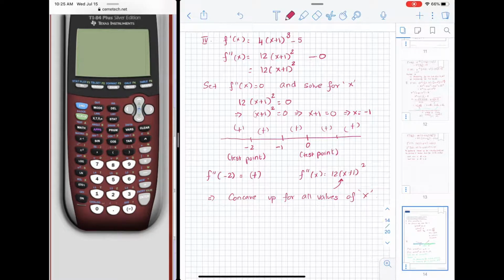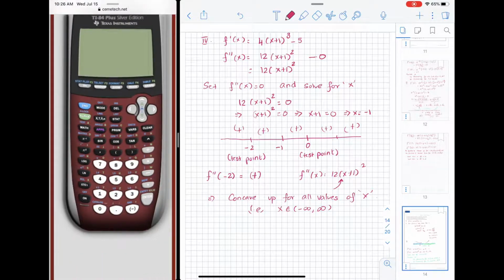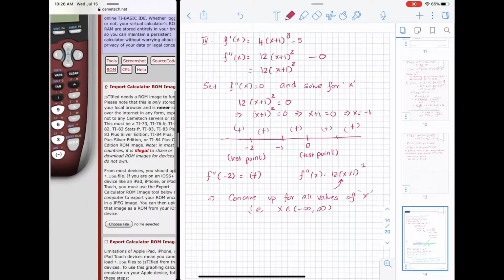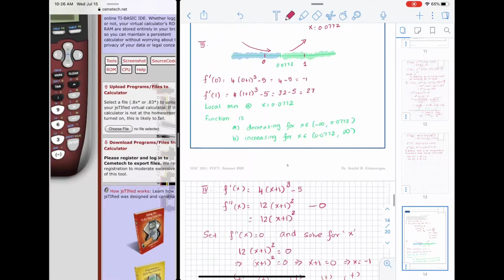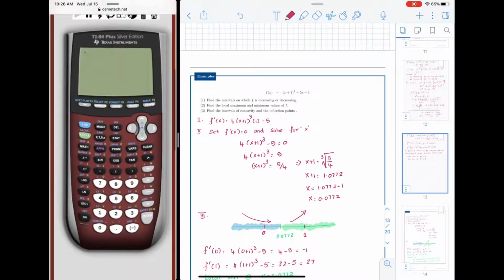Let's graph and verify if this is true. Now we came to this conclusion already using the first derivative test. The second derivative test agrees. Now, will our graph agree with what we determined using the test? Hopefully it does.